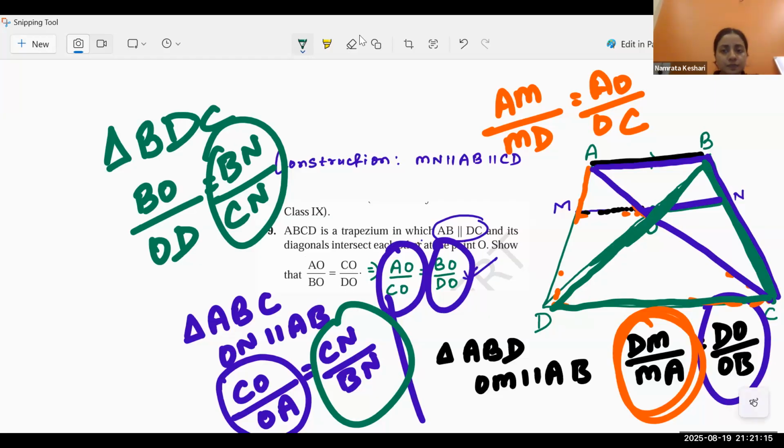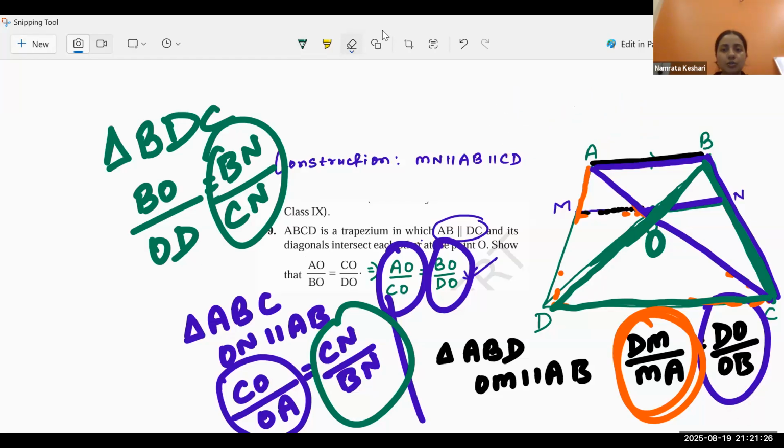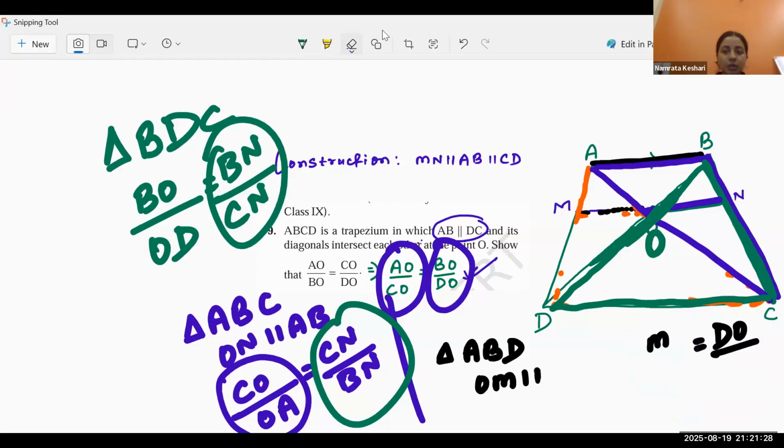Is it clear? Yes, ma'am. Okay, I am going to rub this all, and we will try matching the ratio by doing the reciprocal, of course.